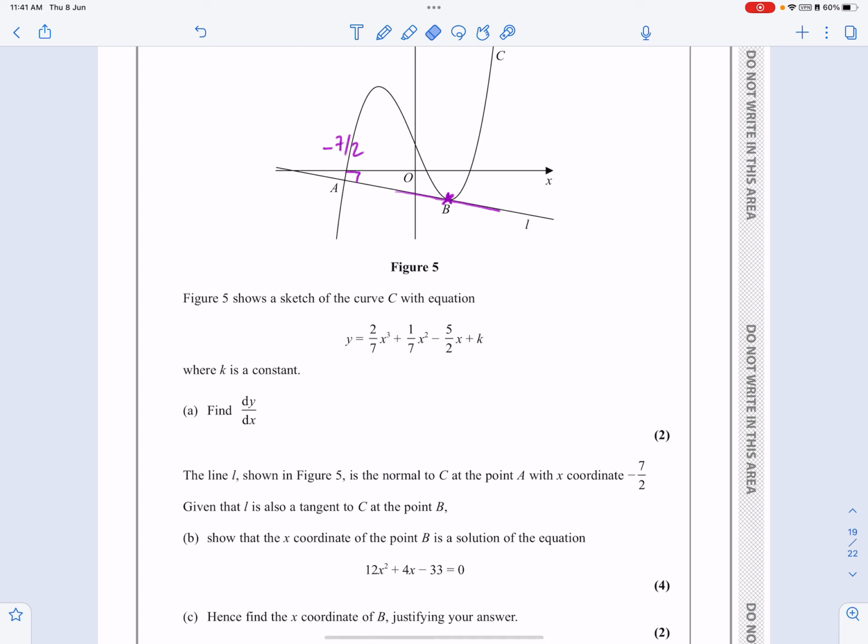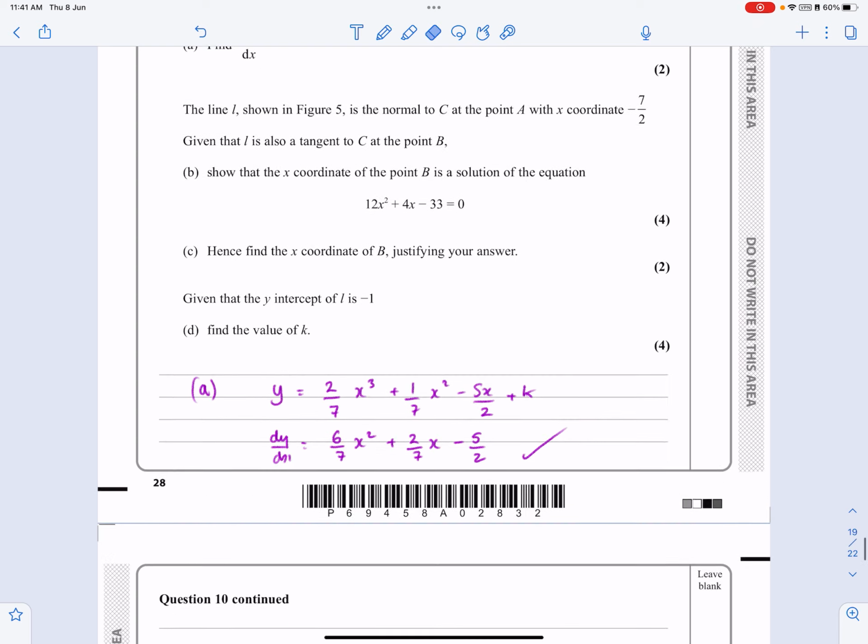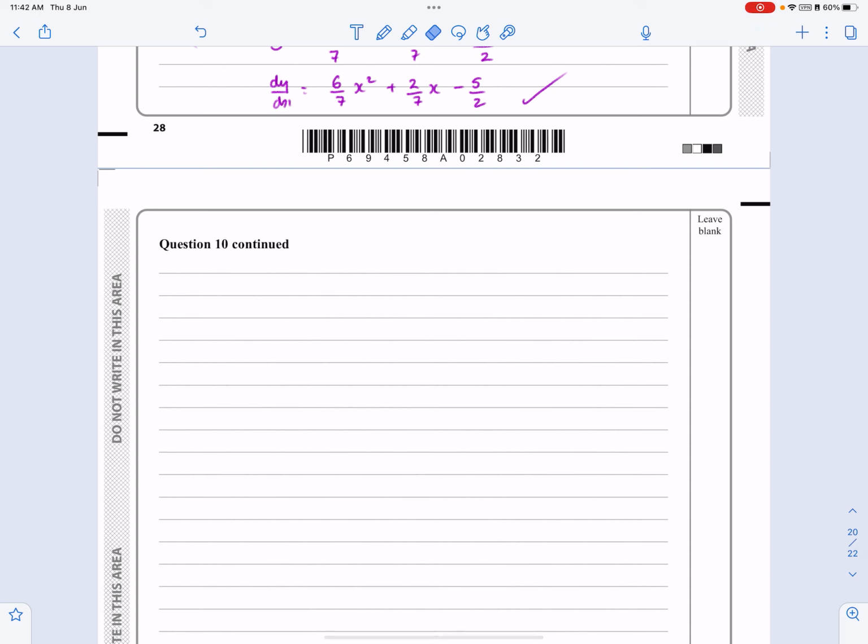Right, so I've told you what I'm doing. Now what I've actually got to do is to tell the examiner. So for part B, let's first of all work out the gradient of the normal. So x equals minus 7 over 2. dy by dx is going to be, put minus 7 over 2 in, and be really clear as to what you're doing here for the examiner.